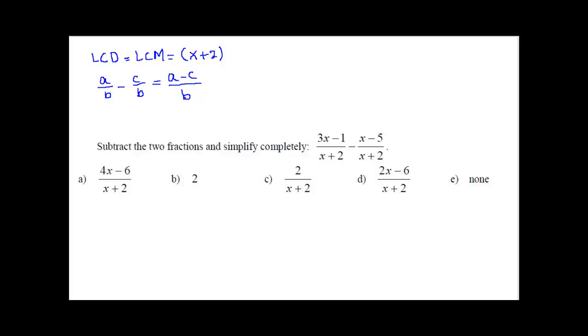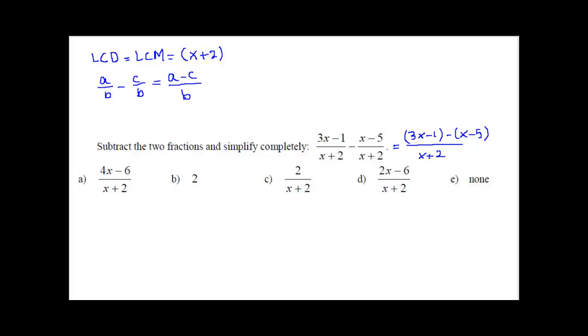So in this case, the LCM is the same, so we're going to keep that at x plus 2, and we just simply subtract what we have at the top of the fraction. So it would be 3x minus 1 and then minus x minus 5.